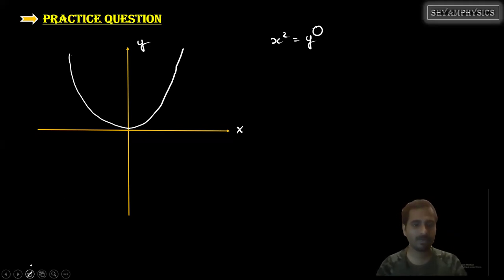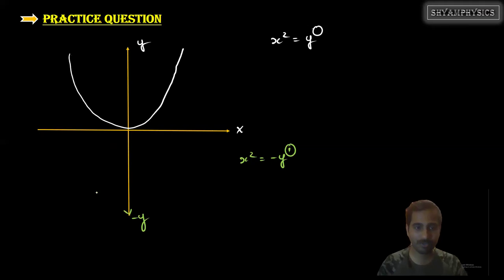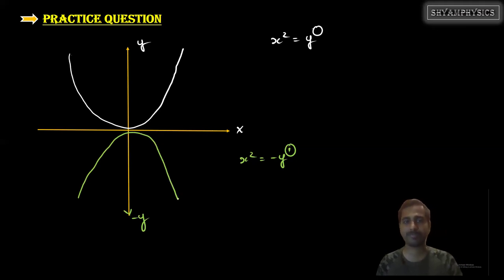Correct now? What if I want to write x square equals minus y? Here the power is 1 for minus y. This is minus y, so toward that side the curve should open. So it will become like this. Correct now? These are all the parabolic equations. Done?